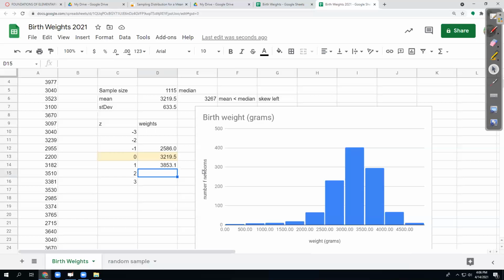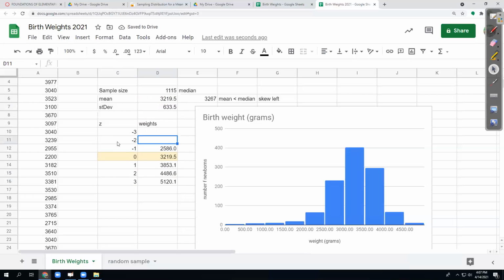So a z-score of 2 means from the mean, go up 2 standard deviations. So equals the mean plus 2 standard deviations. So plus 2 times that number. And keep going. So we're going to get each of these here, the mean plus 3 standard deviations, and you have to use the asterisk to multiply, otherwise the spreadsheet will not cooperate.